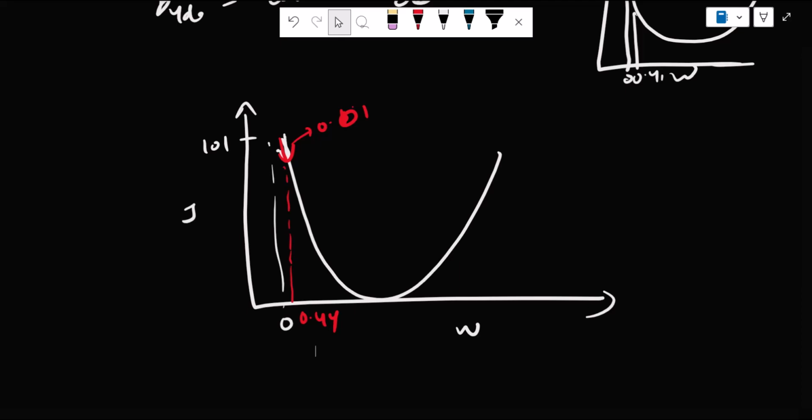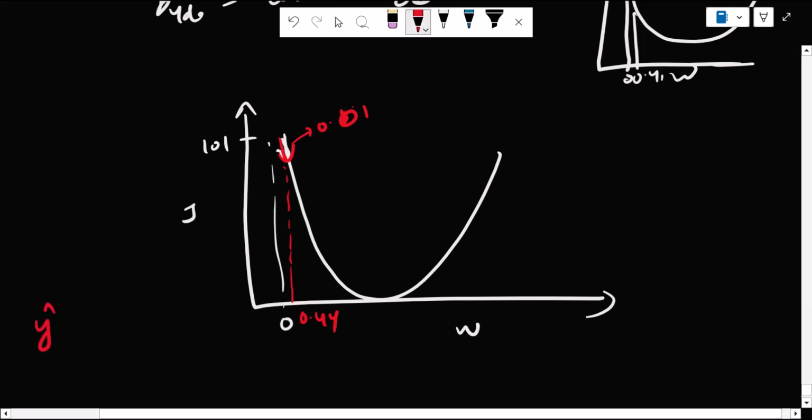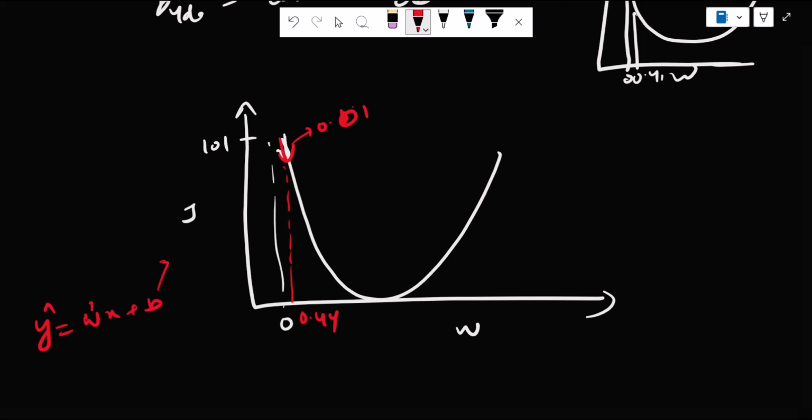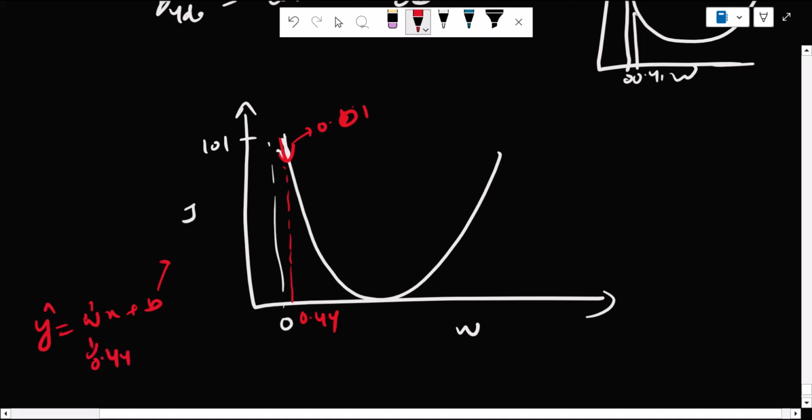Again, how? By inputting the values in y hat equals Wx plus B, and similarly we also found the value of B. So this is 0.44 and this is 0.14, and then again we do y hat minus y and sum up, and then we came up with the cost function.